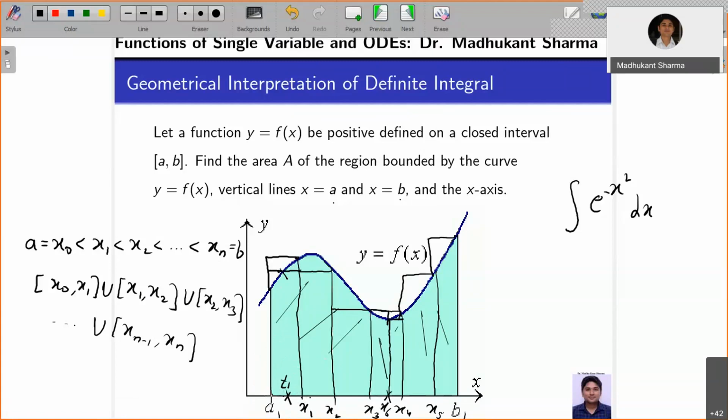It may be nearer to a1, nearer to x1, or the midpoint. Similarly t2. So he tags one point in every sub-interval and makes the rectangle. It may be below and it may be above. So this is the Riemann approach.